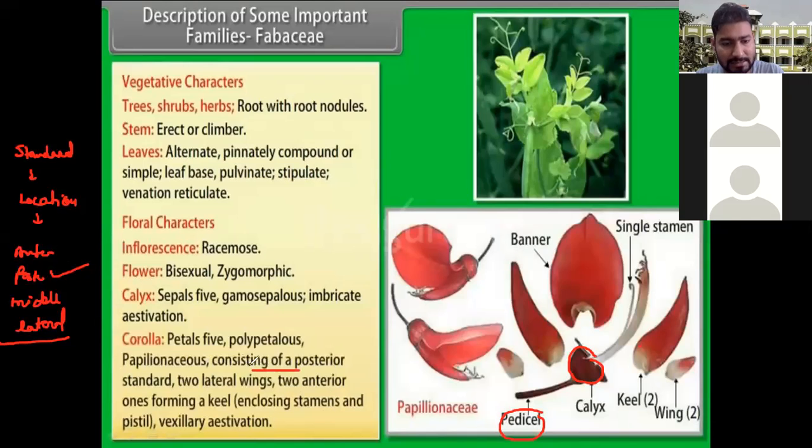You can see, consisting of a posterior standard. Read this sentence: consisting of a posterior standard and two lateral wings.